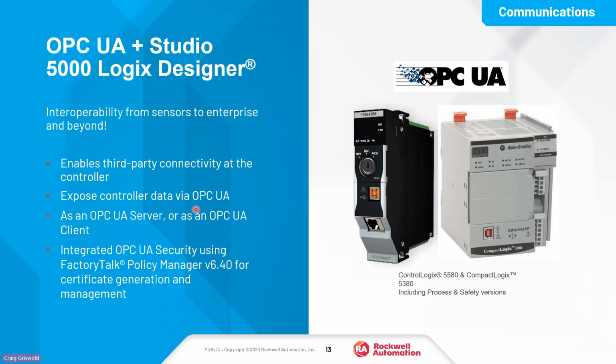For instance, a 1756-L82 offers 600 nodes or tags, where an L85E can offer 15,000. So as you increase the memory size, you'll be able to expose more tags via OPC UA. I'll be sharing a couple of tech notes that go into exactly how many tags per controller and what controllers support OPC UA.